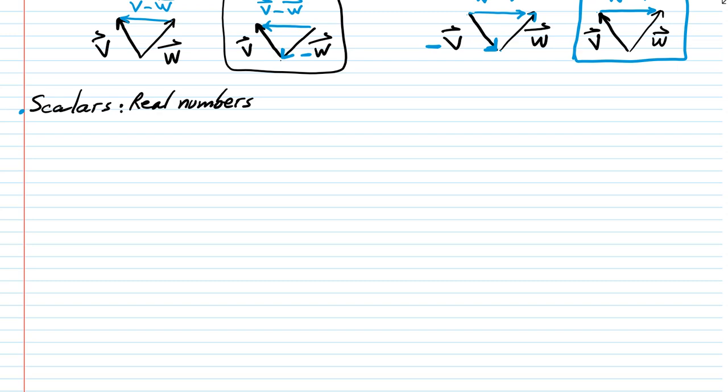Now, scalars have only magnitude. Remember that. There's no direction. It's like the number 2. That's it. It's not a vector quantity 2. So it's just a magnitude. There's no direction.